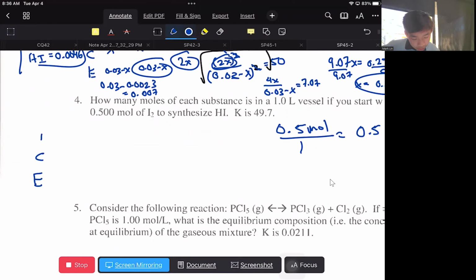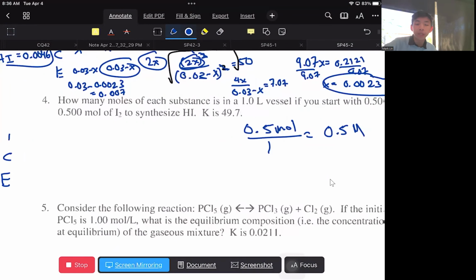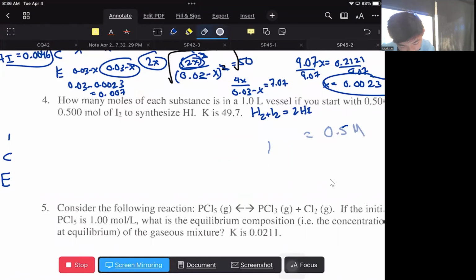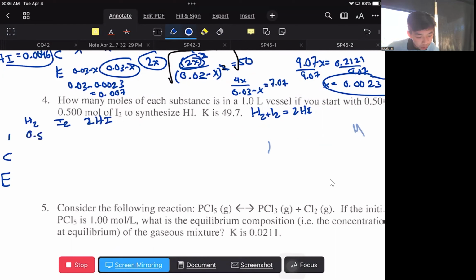So you have H2, so this reaction problem can be the same thing as number 3. So it's going to be H2 plus I2 equals 2HI. H2 is going to be 0.05 molarity, right?